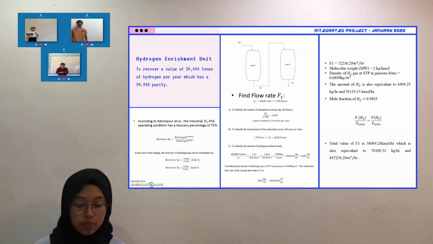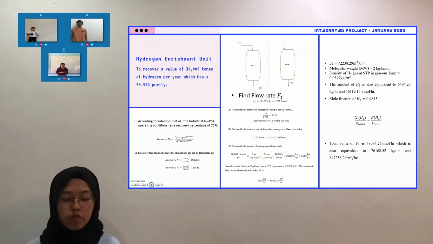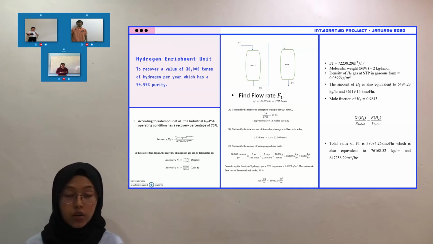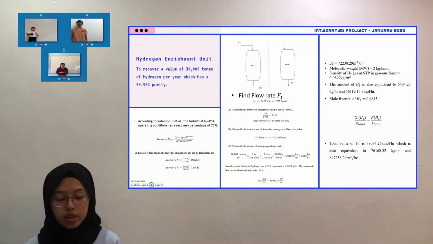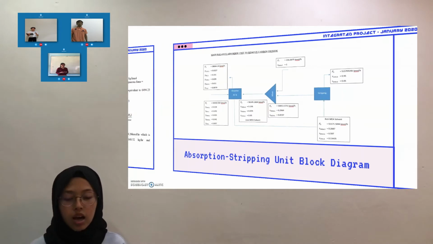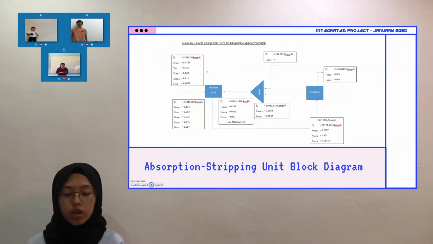From an article, we managed to get the recovery percentage of 75% for this adsorption unit. By utilizing the shown equation, we managed to calculate the amount of hydrogen in F1 value, which is 72238.29 meter cube per hour. By obtaining this value, we can calculate the total flow rate of F1, which is equal to 38085.26 kmol per hour.